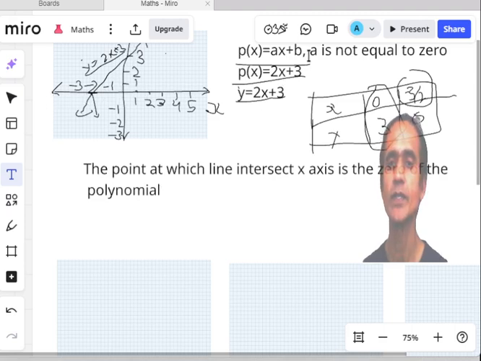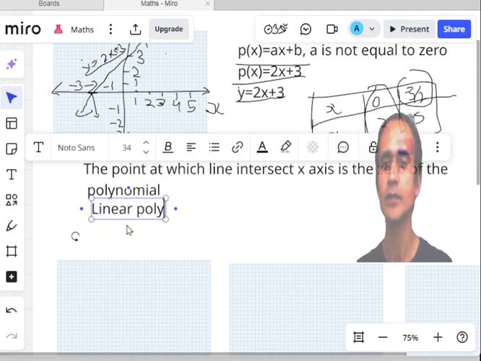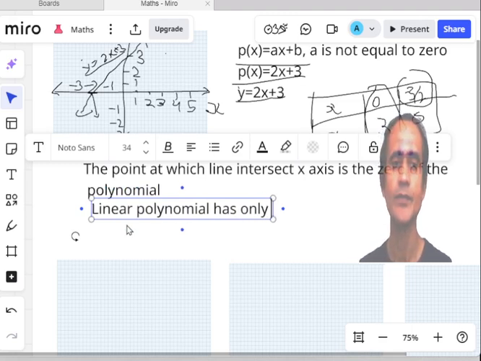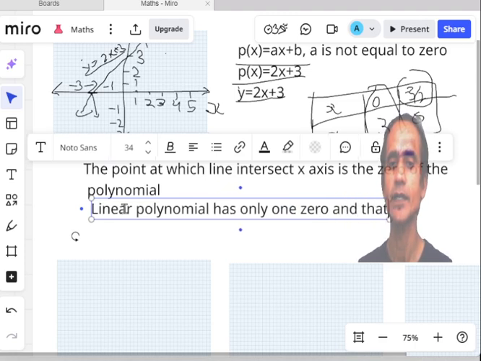So a linear polynomial has only how many zeros? Only one zero.